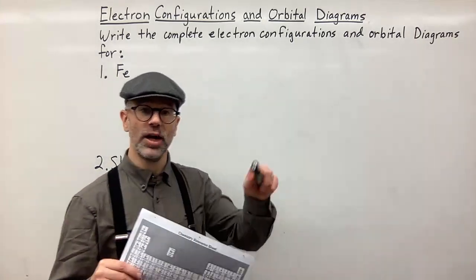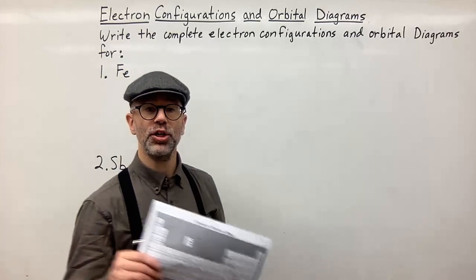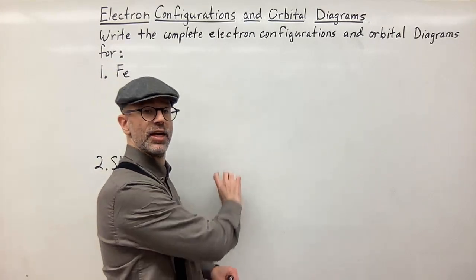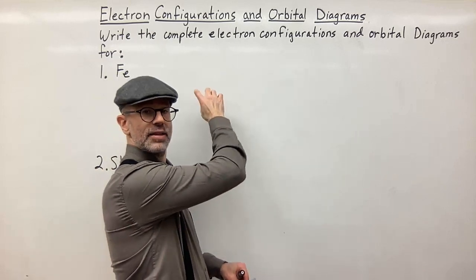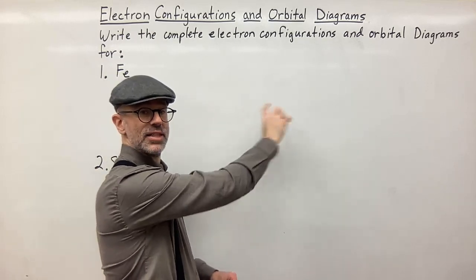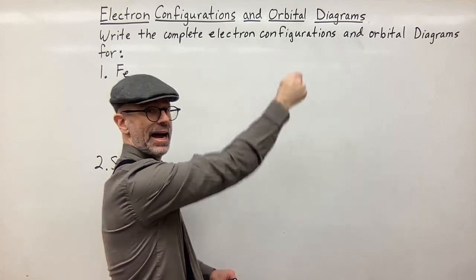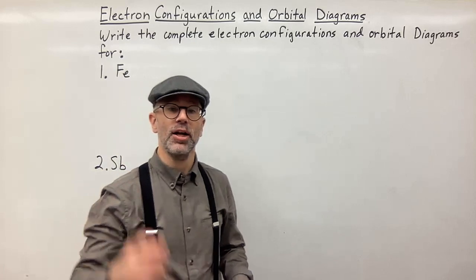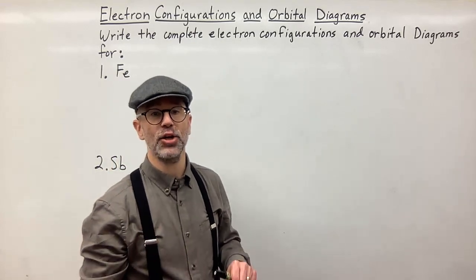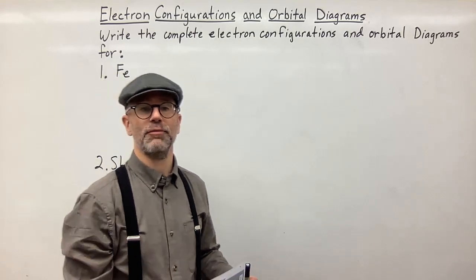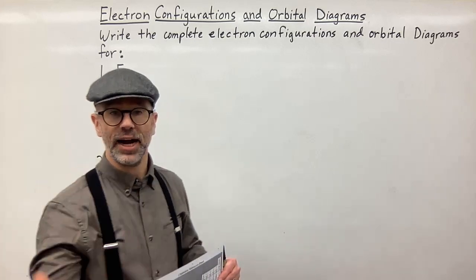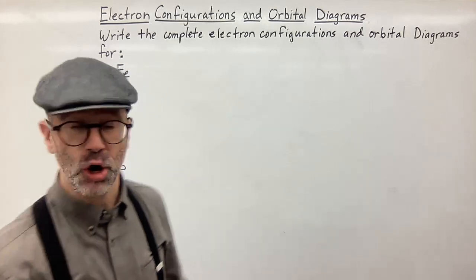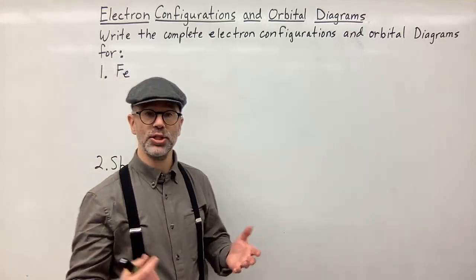Or you can use a diagram that has the energy levels and the sublevels listed out, where you draw diagonal arrows. If you don't know what I'm talking about, find my video that deals with writing electron configurations using a diagram. I hope that's helpful. But if you know those things already, then you know what to do.